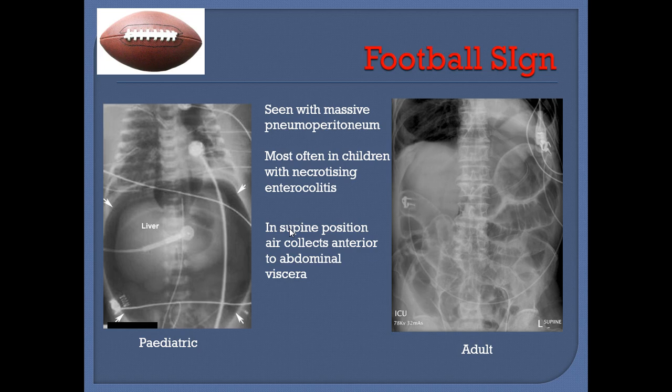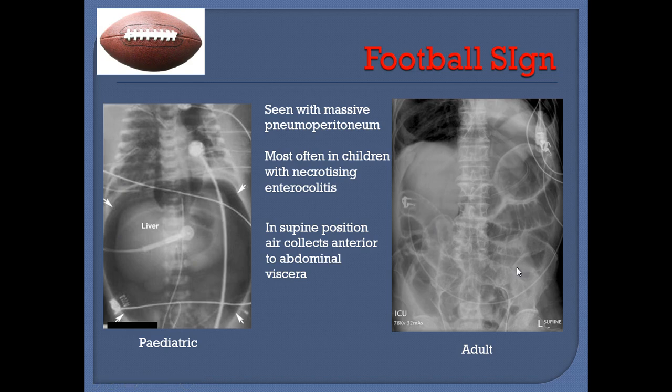Football sign. When there is massive pneumoperitoneum, we can see it. You can see all around the abdomen there is air, free air. You can see it most often in children with necrotizing enterocolitis.